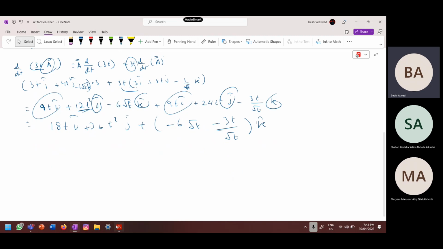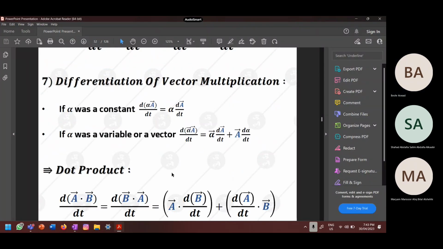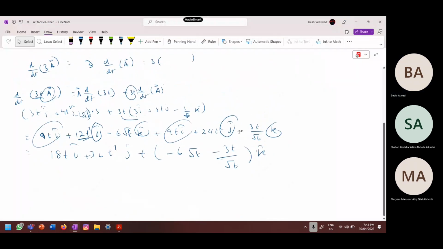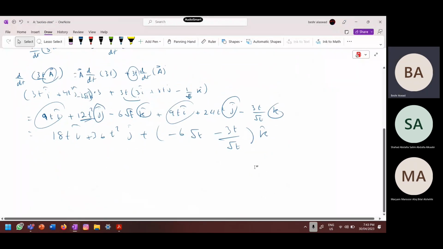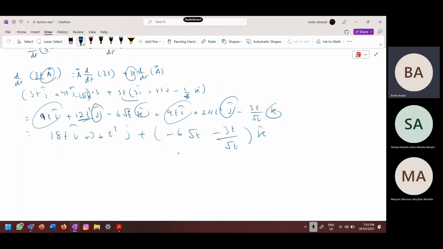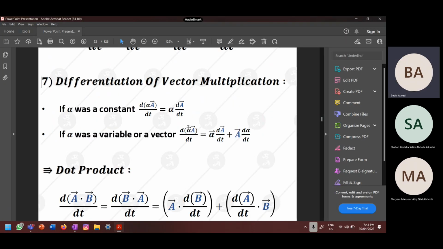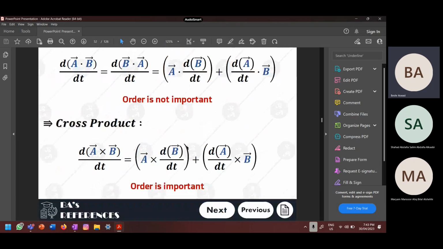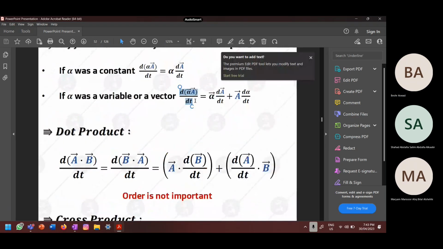Now try to simplify this as much as you can. I don't think there's further simplification unless for this one. You can simplify this furthermore if you want to, but I want you this time to discover it on your own for this part of the equation.